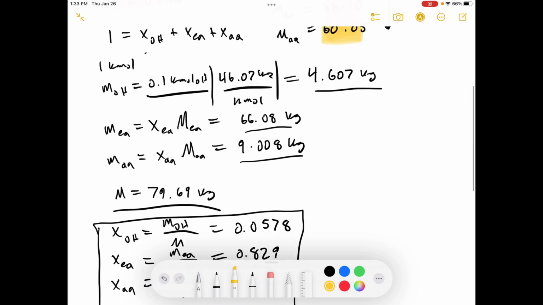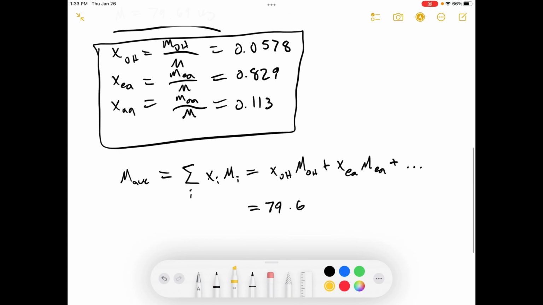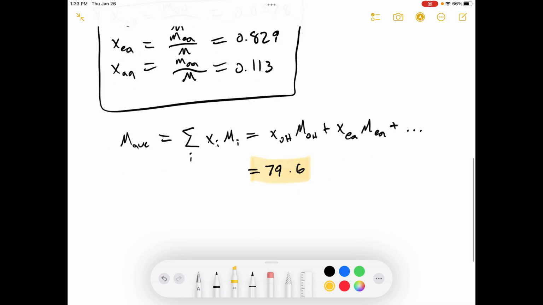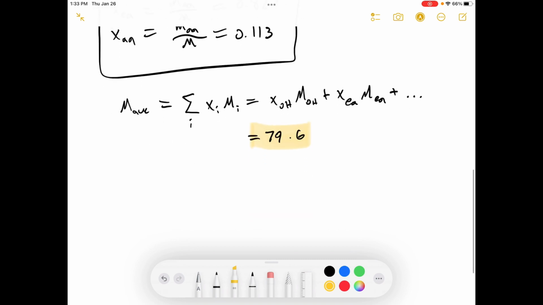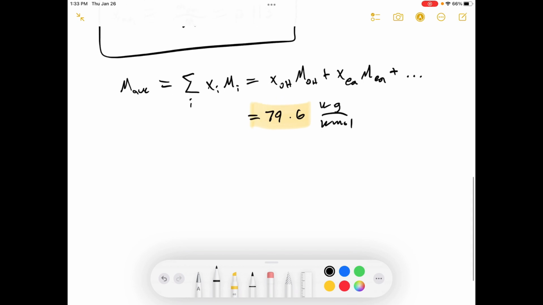So it should be slightly less than 88, probably in the 70s range, and that's exactly what we see. That's in the 70s, but still pretty close to 88. And that would be in kilograms per kilomole, the molecular weight.